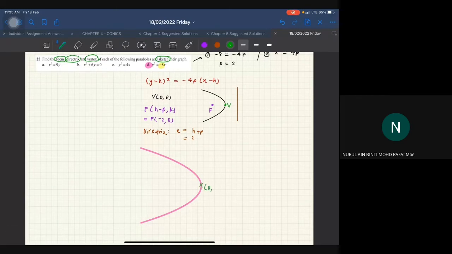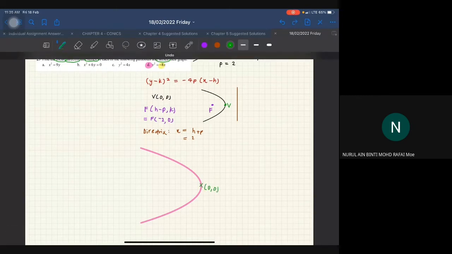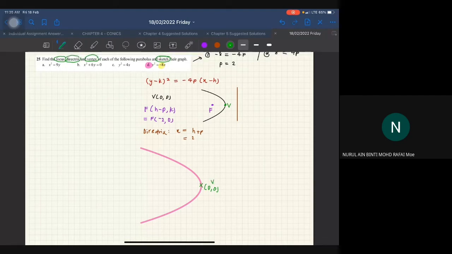It's 0, 0. Okay, so bila vertex dekat situ, maksudnya saya punya X axis dan Y axis dia dekat situ juga. Okay, so adjust sikit. Ni pun gerakkan ke bawah sikit. Okay, and don't forget to label Y axis and also X axis.